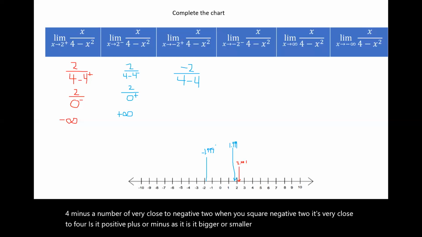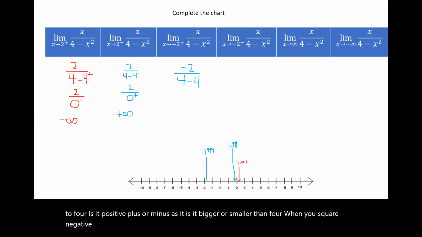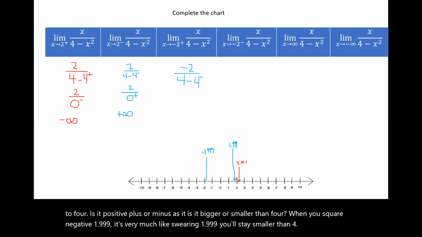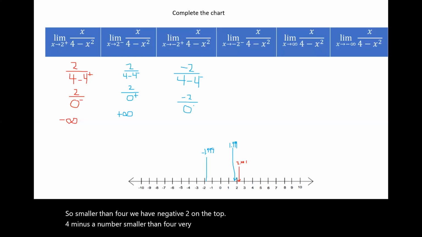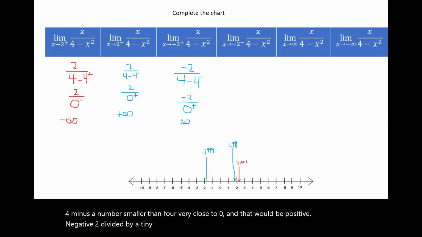When you square -1.999, it's very much like squaring 1.999. You'll stay smaller than 4. We have -2 on the top. 4 minus a number smaller than 4, very close to 0, and that would be positive. -2 divided by a tiny number is infinity, and we have one negative sign, so that's negative infinity.